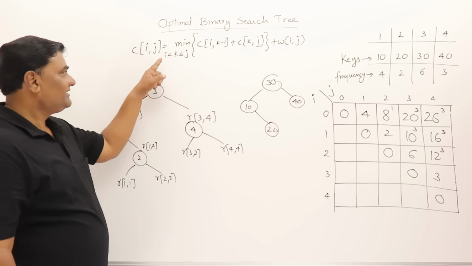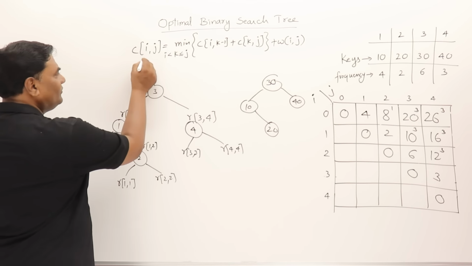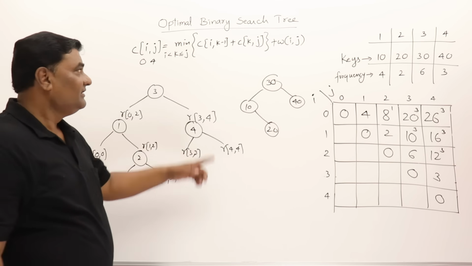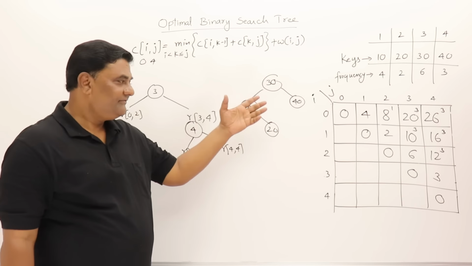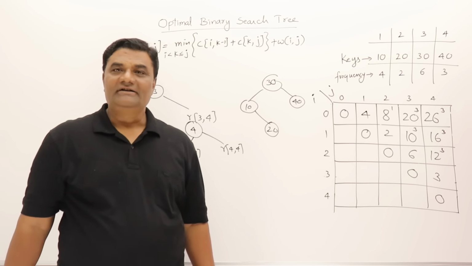So the root does not start from i. If this is 0 comma 4, we start from 1 onwards, ignoring 0. That is the meaning. This is the formula for the optimal binary search tree, and the same formula I was using for filling the table. So that's all about the optimal binary search tree problem.